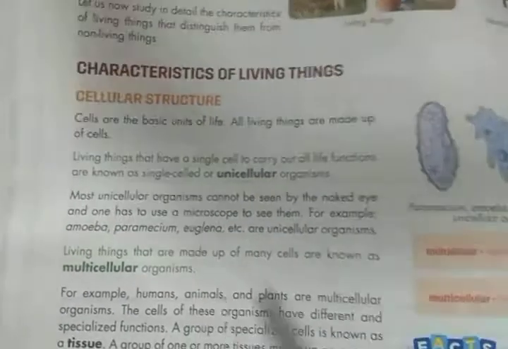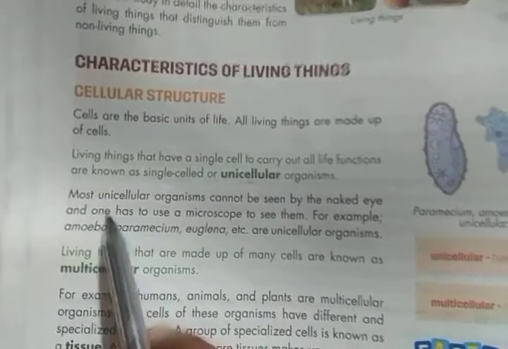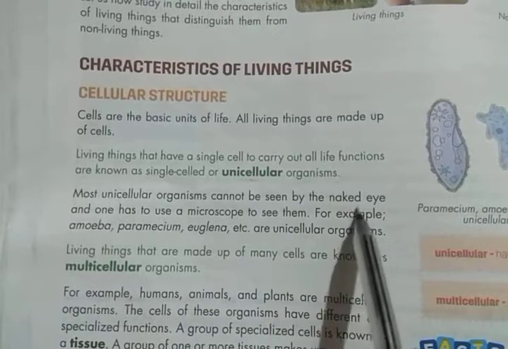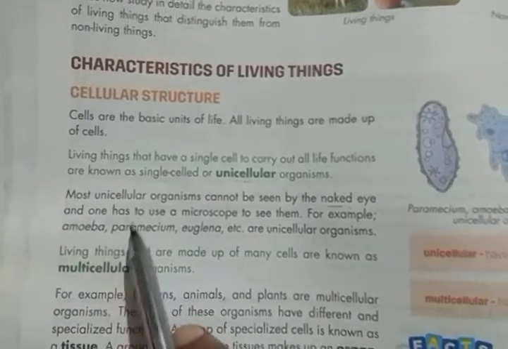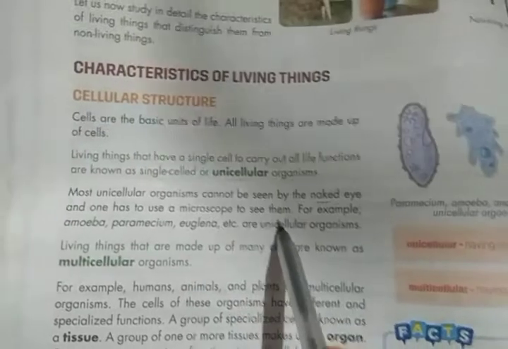Unicellular means single cell. Most unicellular organisms cannot be seen by the naked eye, and one has to use a microscope to see them.